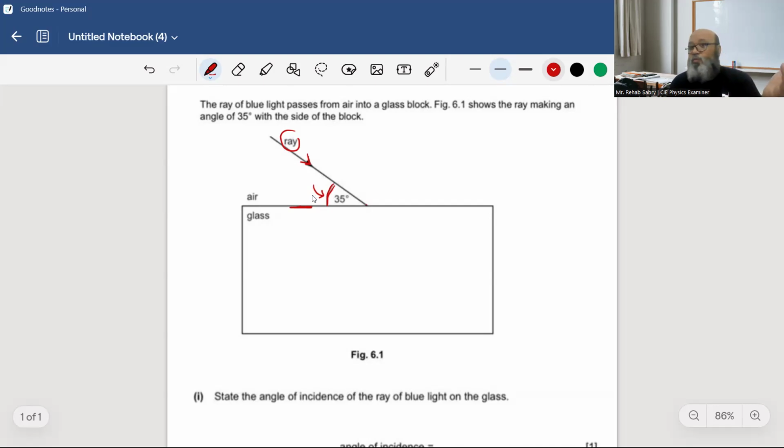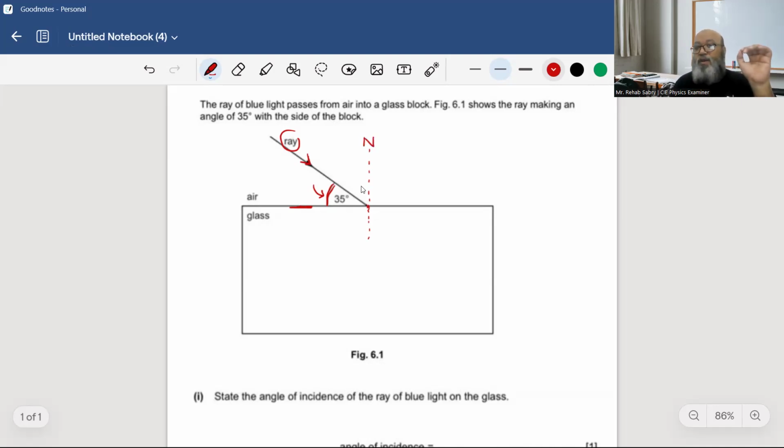Number two, which angle will we use? The angle between the incident ray and the normal. Which normal? The normal which is drawn to the surface of incidence from the point of incidence. Wherever the incident ray touches the surface, before doing anything, you have to sketch a normal.